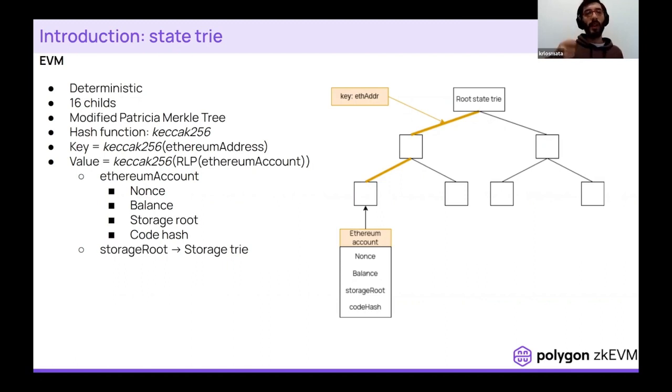The value is in fact a Keccak of the RLP of an Ethereum account. An Ethereum account is composed of the nonce, the balance, the storage root, and the code hash. The storage root covers all the storage that a smart contract has and is encoded into another modified Patricia tree. This is how the tree looks in the EVM.